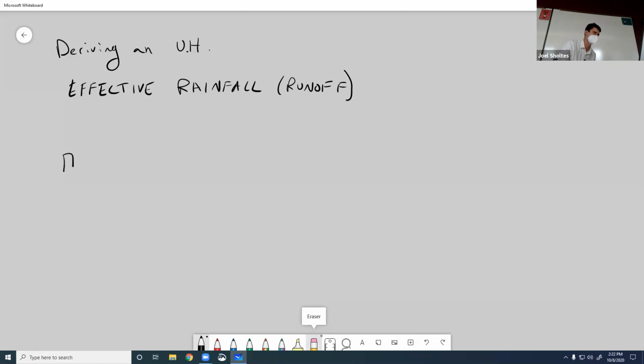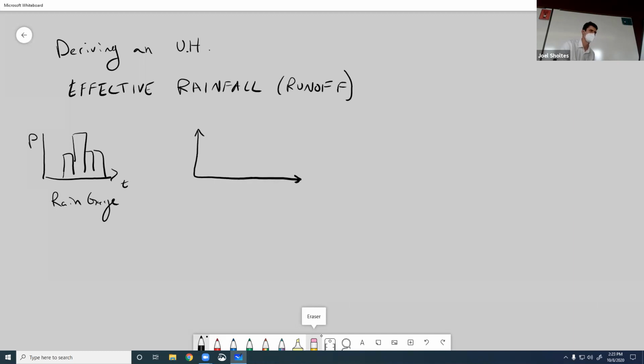It looks like this. Here's my hydrograph. And then I've got my discharge record. Maybe I have a stream gauge somewhere and I know the relationship between water depth and discharge, and so I've got a hydrograph. It's like base flow, and then we get a hydrograph.